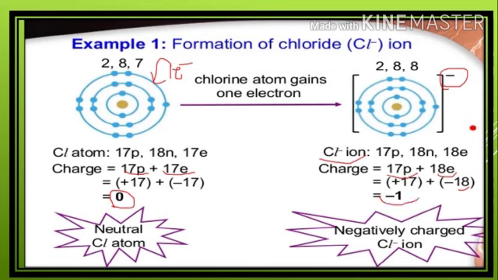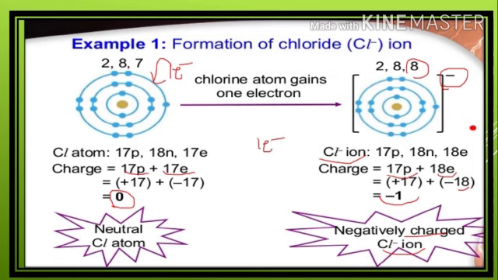Or we can say that a chloride ion is a negatively charged ion formed by the gain of one electron. And the chloride ion has the nearest noble gas configuration of 8 electrons in its outermost shell.